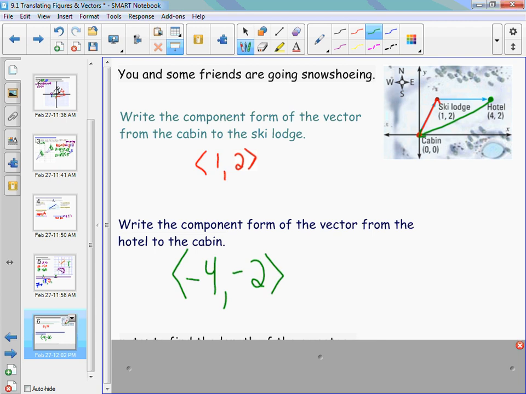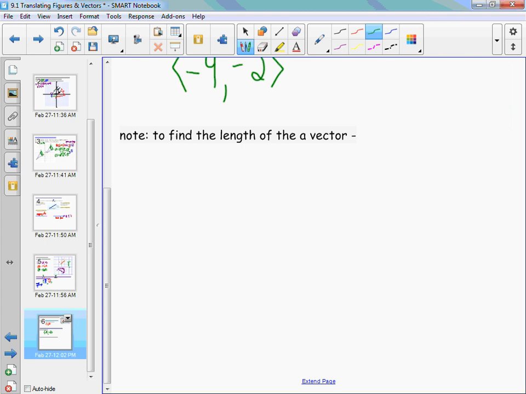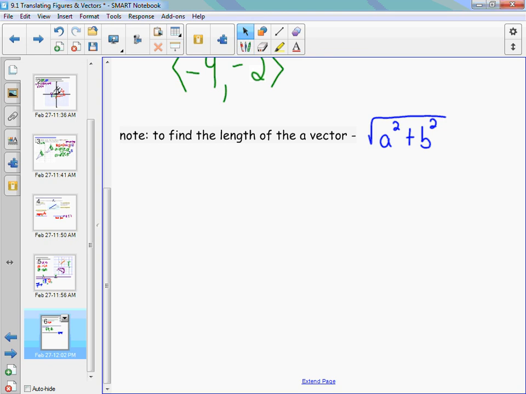When doing these, you need to read carefully to make sure you are going in the right direction. And lastly, to find the length of the vector, we've seen this before. It is simply the square root of a squared plus b squared.